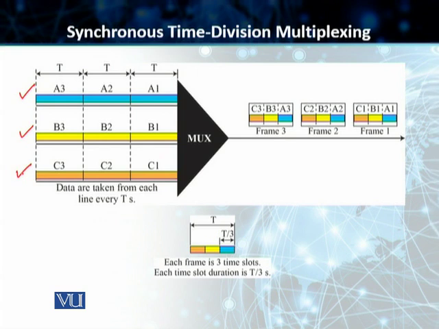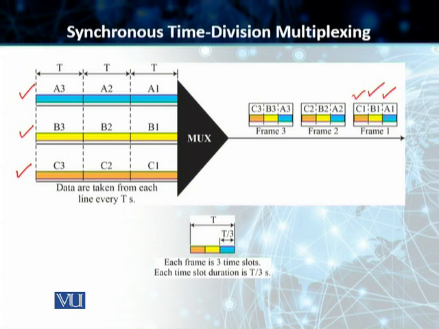So you essentially come up with frames. In the first frame, you'll have A1, B1, and C1. As I told you, with every clock tick, we are taking data from each one of these 3 lines. Frame 1, frame 2, frame 3. And for every single input connection, we have got an allotment in every frame.